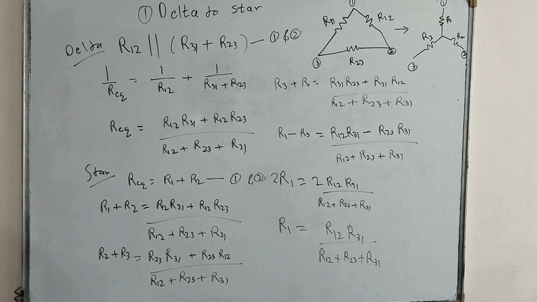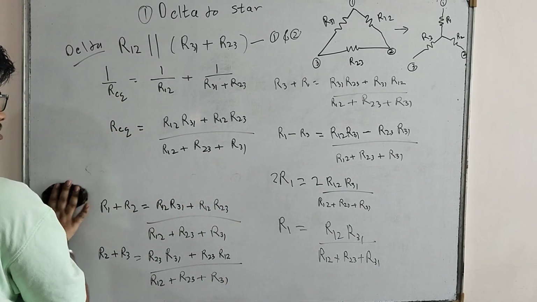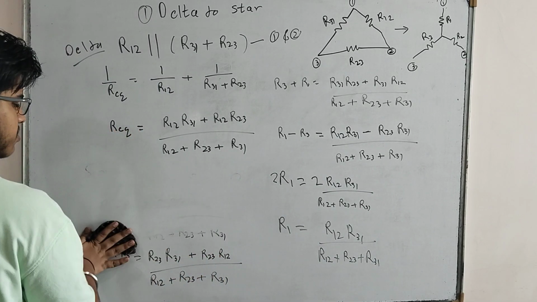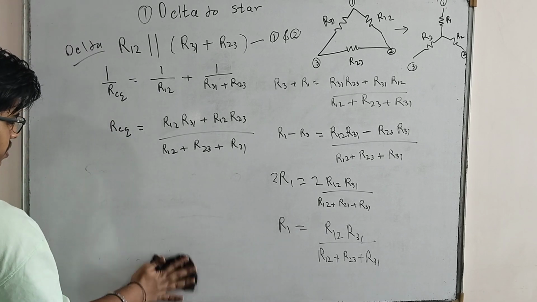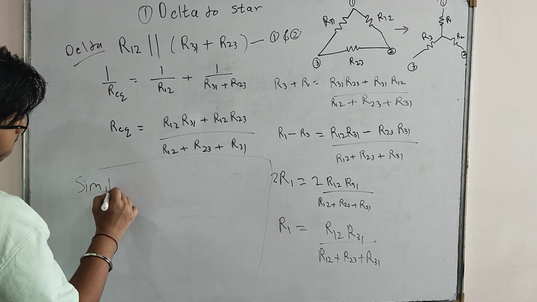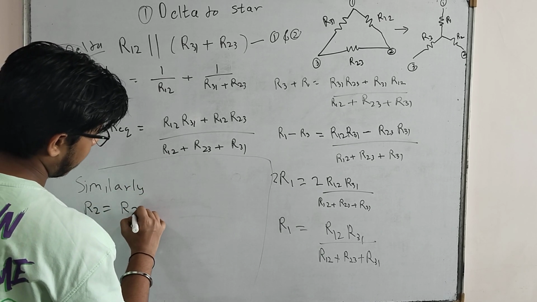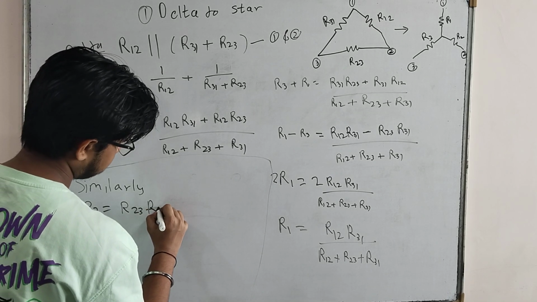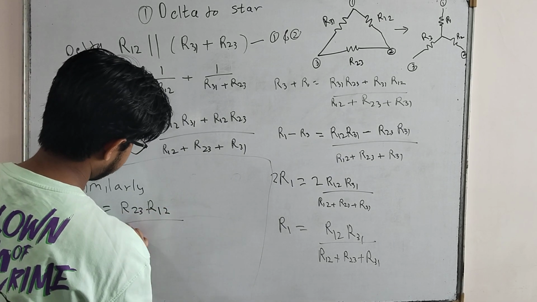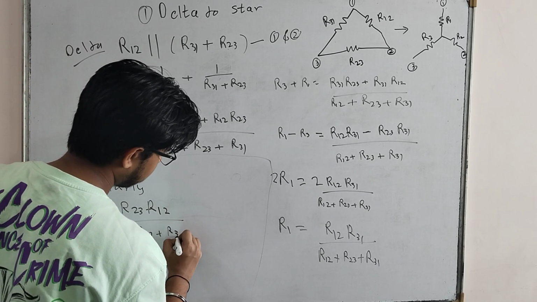I am going to rub this part. So similarly, we can also write R2 is equal to R23 into R12 whole divided by R12 plus R23 plus R31.